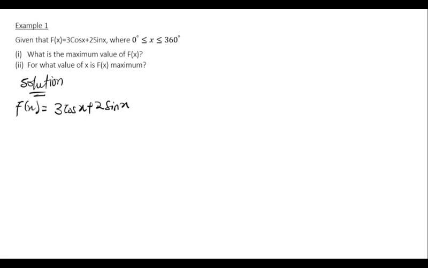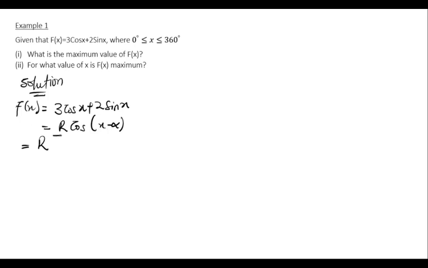Now we need to express this function in the form, because we have cos starting the function, r cos(x minus alpha). Since we are to express it in this form, we expand what we have over here, because we have multiple angles, cos(x minus alpha).